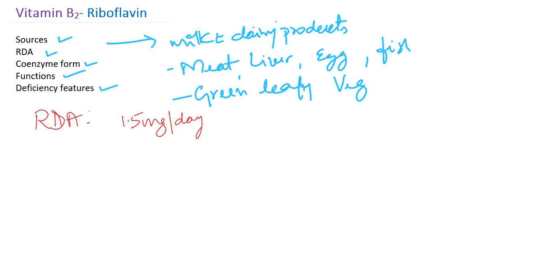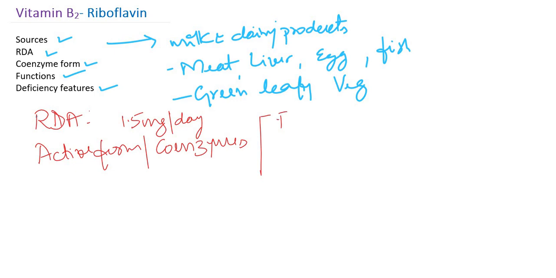The active forms of riboflavin, also called coenzyme forms, are two. One is FMN, another one is FAD. These are the active forms of vitamin riboflavin. What is FMN? FMN stands for flavin mononucleotide.